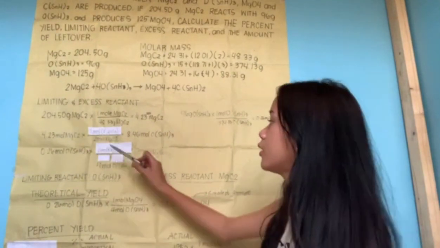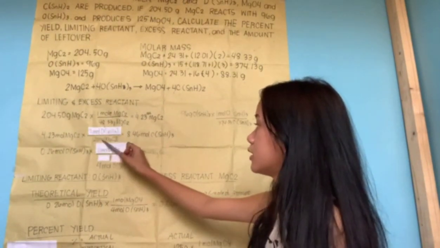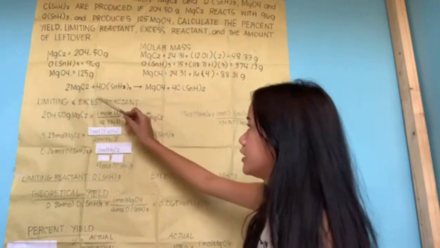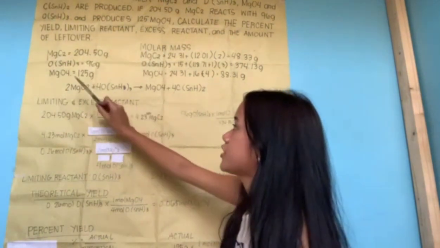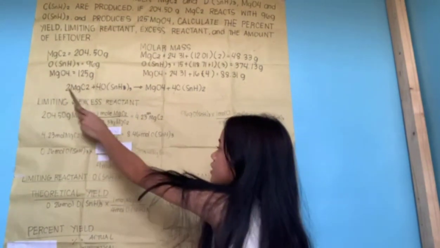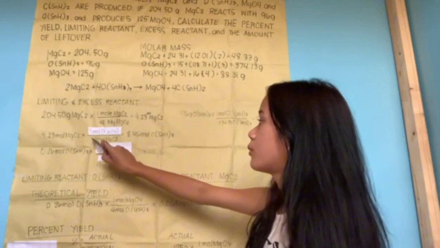Question: where did we get this 2 mole? We get this from the chemical equation, which has 2 beside this, so that's why we just copy this 2 mole MgC2.